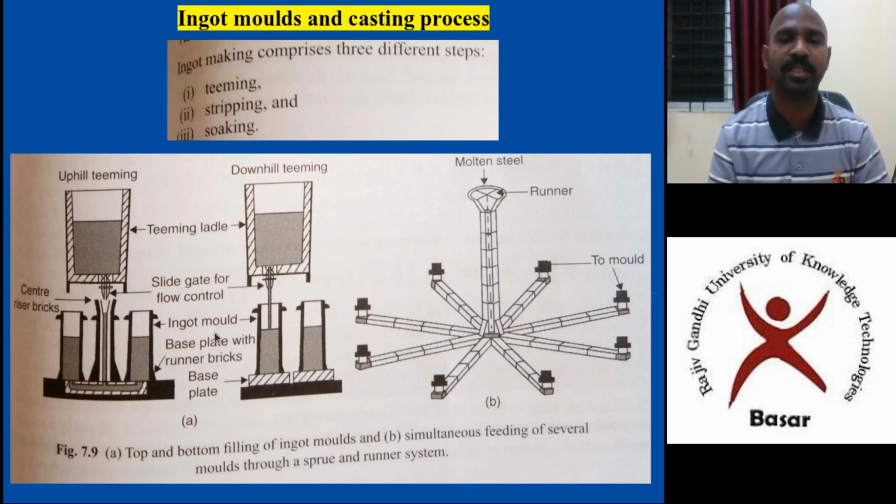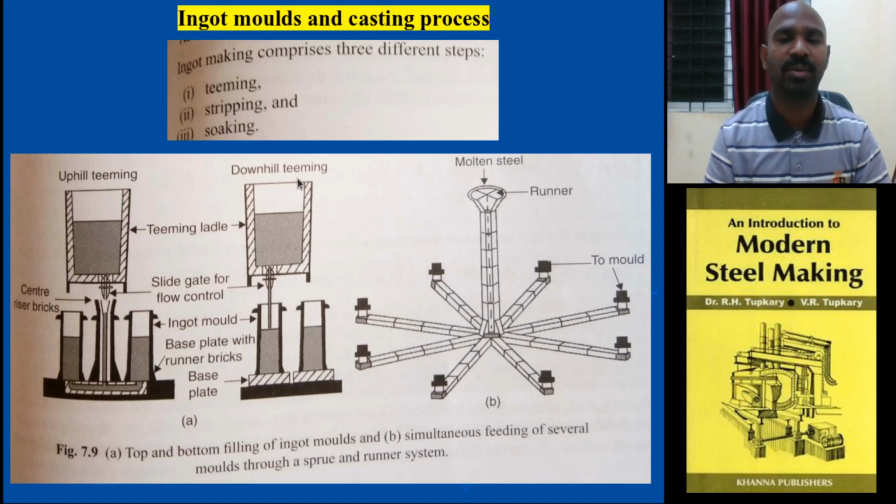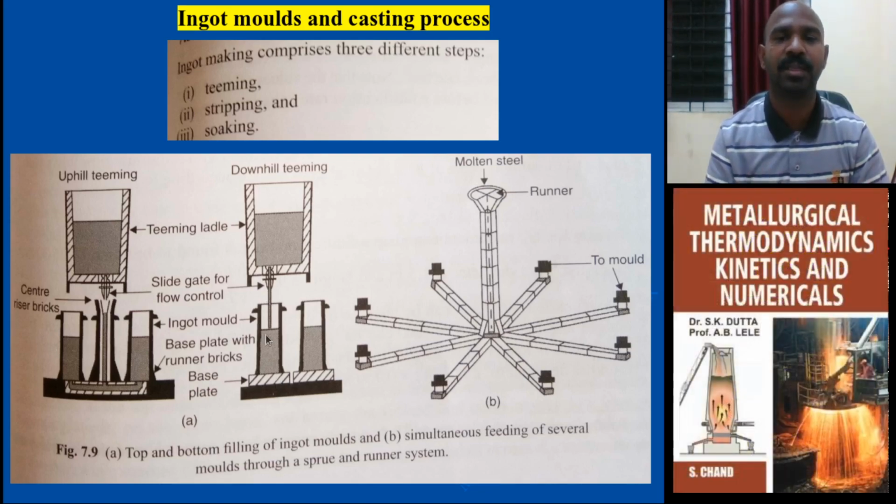Another process is called the downhill teeming process. This is the base plate. You have multiple molds. This is one mold, this is another mold.